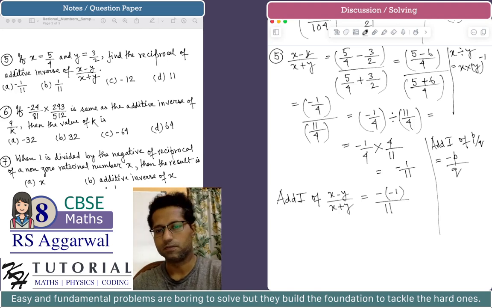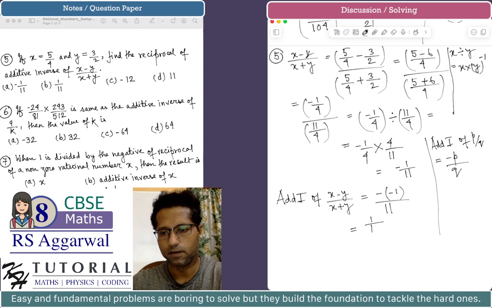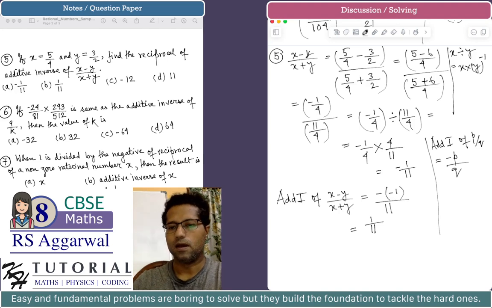So we know that x minus y divided by x plus y is minus 1 by 11. The additive inverse of minus 1 by 11 is that I will change the sign of minus 1, or take the negative of minus 1. So this is 1 by 11. This is the additive inverse of x minus y by x plus y. Finally, we have to take the reciprocal.